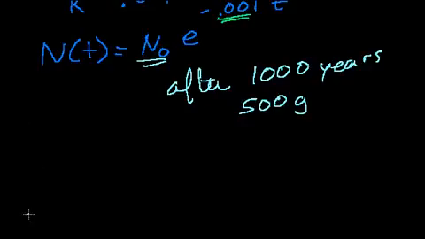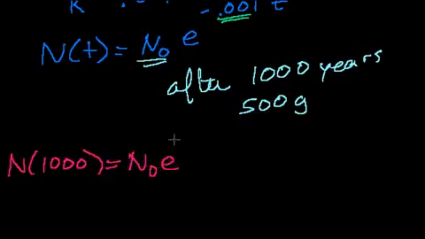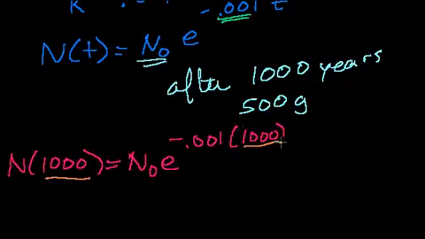After 1,000 years, n of 1,000 is equal to n sub naught times e to the minus 0.001 times 1,000, and I'm saying that's equal to 500 grams. So I just have to solve for n sub naught.